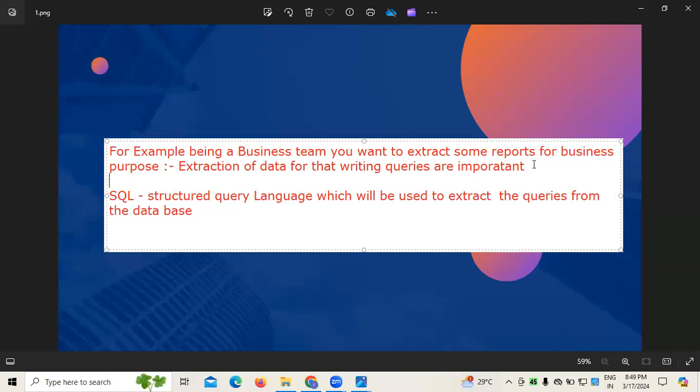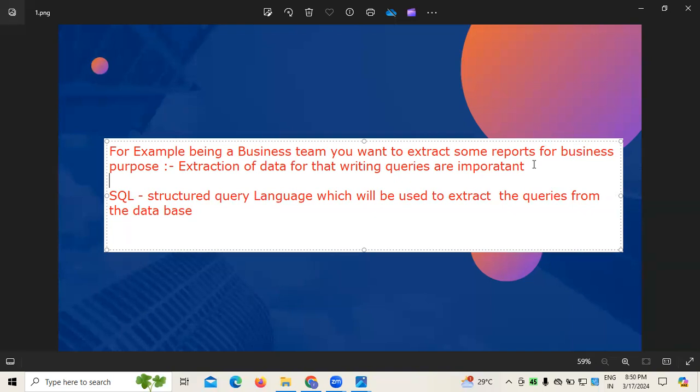Why? Because for every application you see, there is a database. Whatever database we have created, whatever data tables we have created, whatever data you have given, everything will be stored in the database. From this database, if you are a business user, you want to extract some information and generate some reports, for your business purpose.